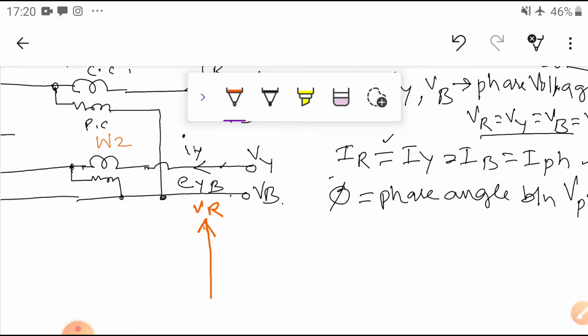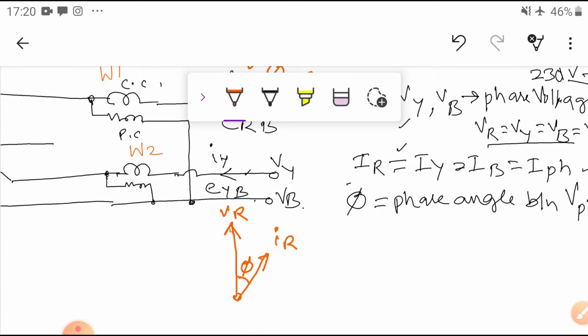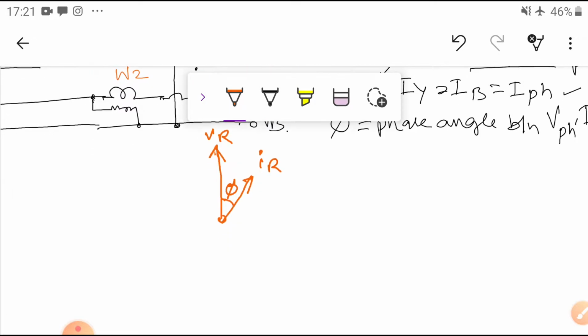Okay, VR. Next, correspondingly the current IR is lagging. The angle between VR and IR is the phi angle. That means for one phase, IR and VR, the phase angle between them is phi. Because voltage is leading and current is lagging in the inductive load.